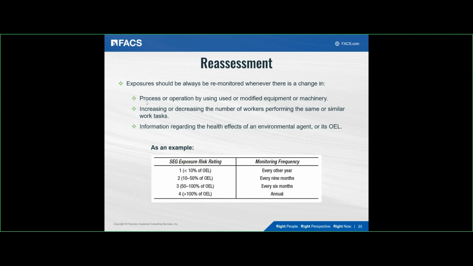If exposures are between 10 and 50% of an OEL, perhaps it's every 9 months. You get 50 to 100% of the OEL, maybe it's every 6 months. This is in addition to regulatory programs that have monitoring requirements, right? Because those may be previously defined for you, and you need to make sure that you're following what the standard has set forth.